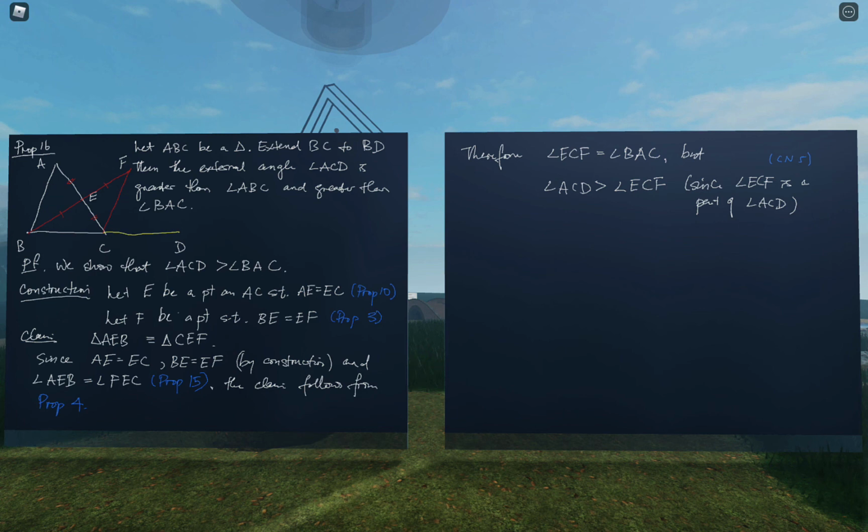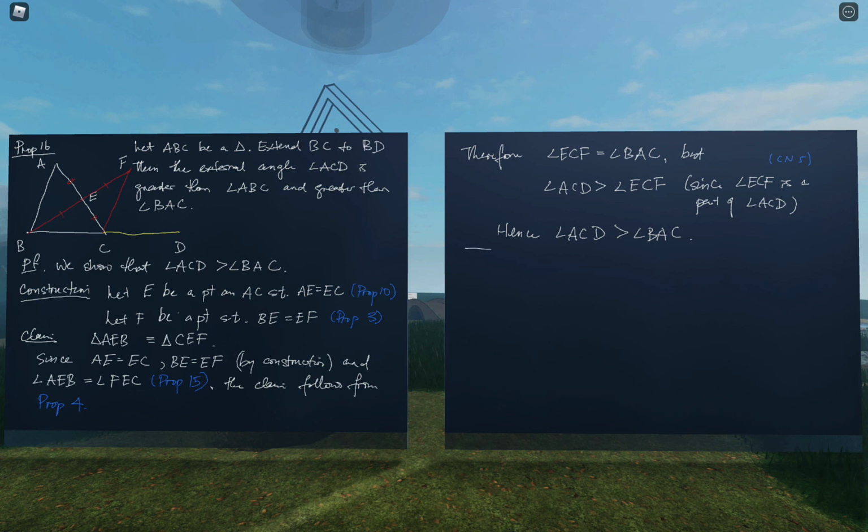All right, and hence we've got it, right? Because ECF is BAC, right? So putting these two together, we've got ACD is greater than angle BAC, which is what we wanted to show.